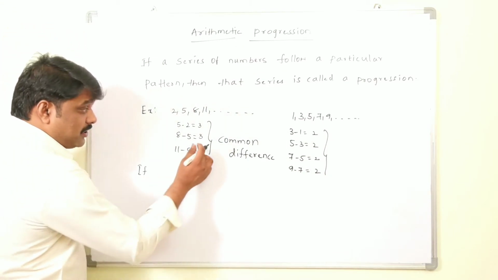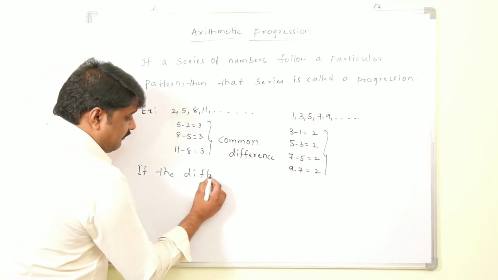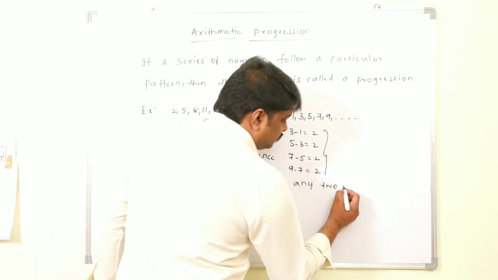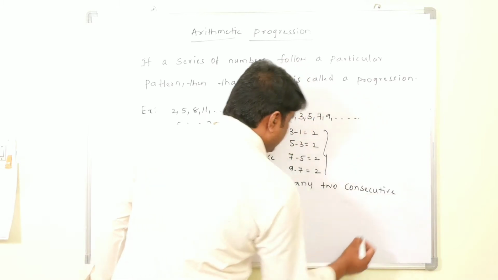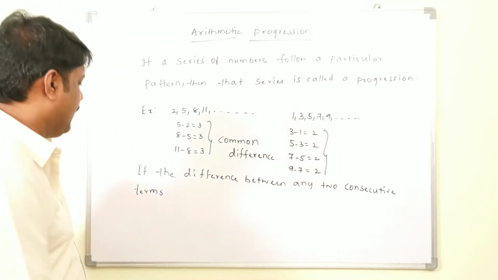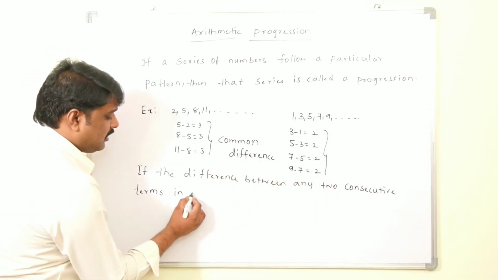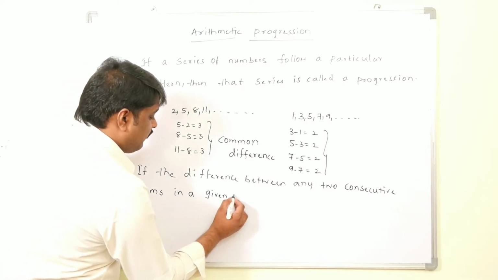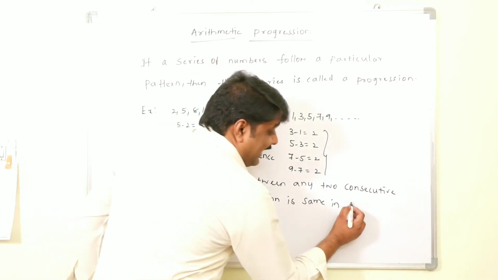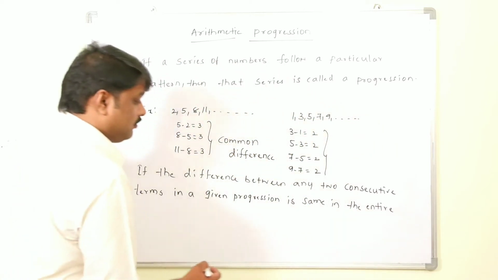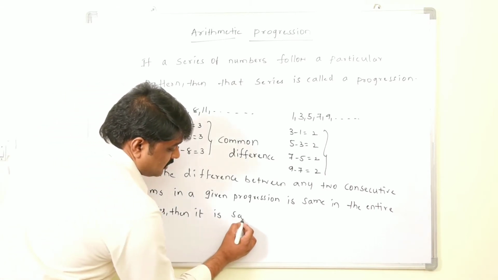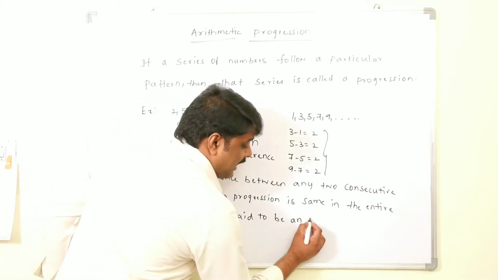Now, what is an arithmetic progression? If the difference between any two consecutive terms, generally we mention any number in a progression as a term, in a given progression is the same in the entire series, this should be noted down, then that series is said to be an arithmetic progression.